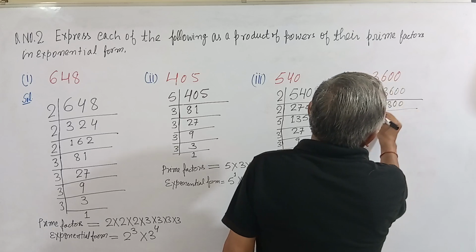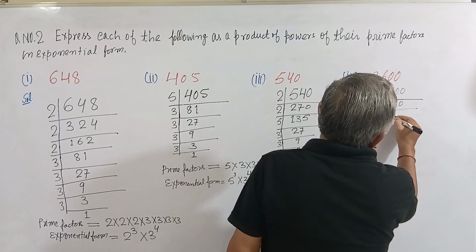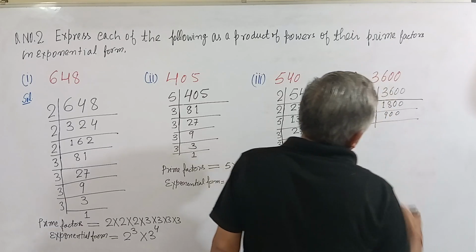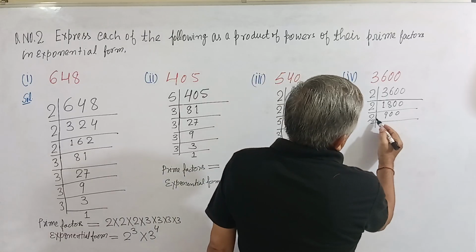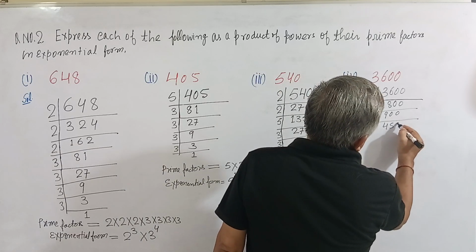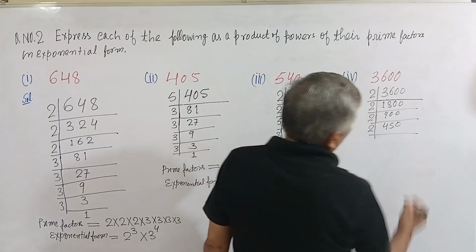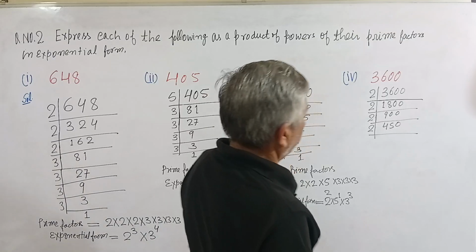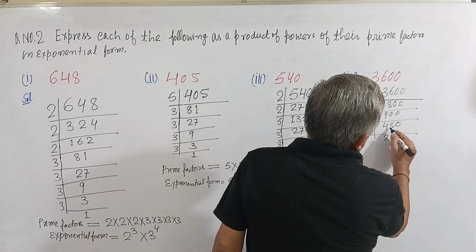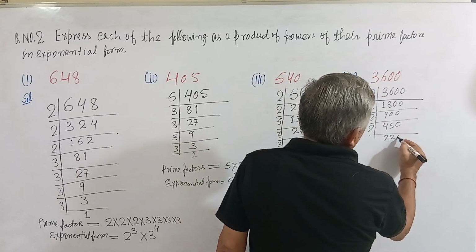Then 2 9 ja 18, 900. Again it will be divided by 2. This is 2 4 ja 8 and 2 5 ja 10. Again we can divide it by 2 only. So 2 2 ja 4. 2 2 ja 4 and 2 5 ja 10.